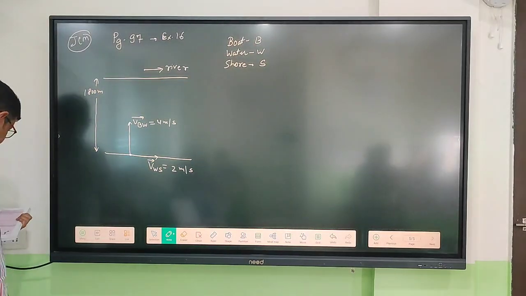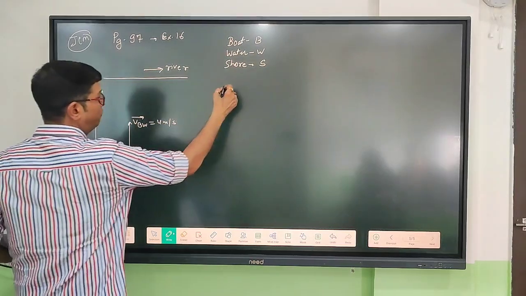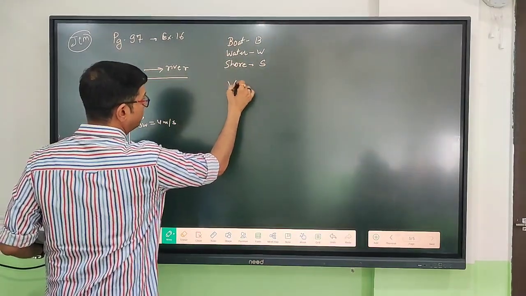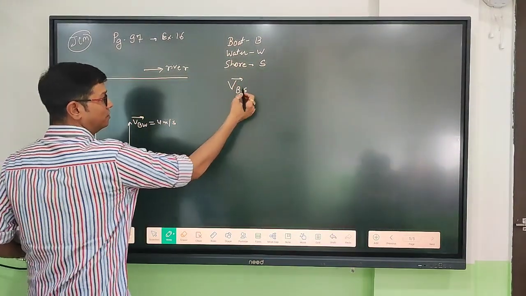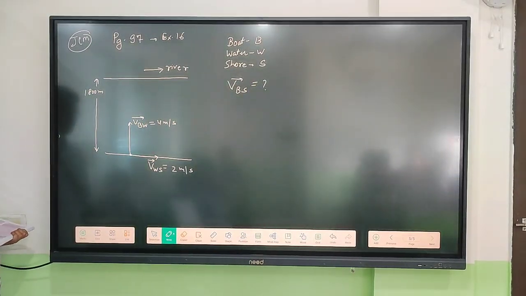Okay. What is the velocity VBS? Means boat to shore. We have to find out velocity of boat with respect to shore, means the ground. Right? This is what they have asked. Velocity of boat with respect to ground.